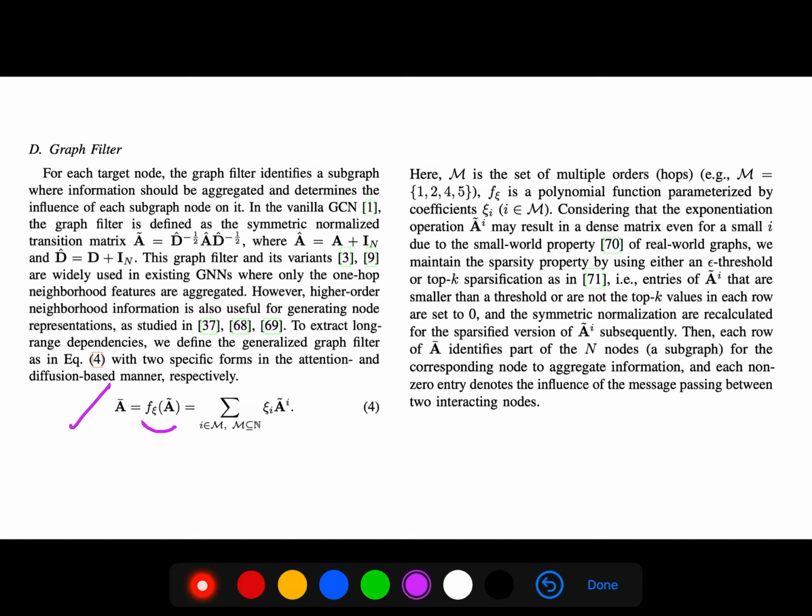The exponentiation operation of A tilde may result in a dense matrix even for small l. Each row of A bar identifies part of the n nodes, or subgraph, for the corresponding node to aggregate information, and each non-zero entry denotes the influence of message passing between two interacting nodes.